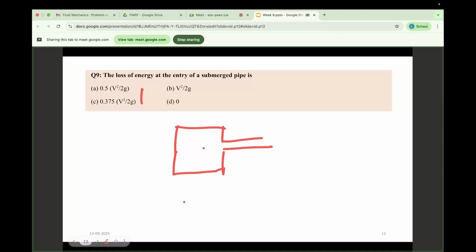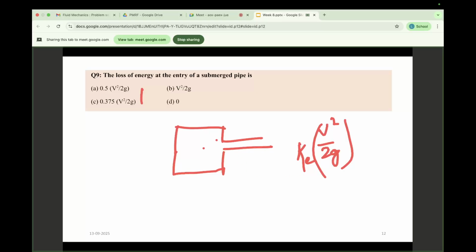So what should be the previous equation? V square by 2g. This V square by 2g should be there. Because a large volume is there, some loss has to occur here. So in order to account for this, a constant k should be added with this term.